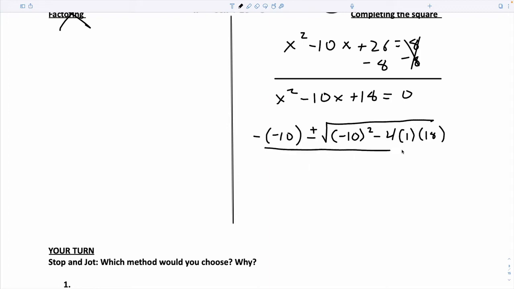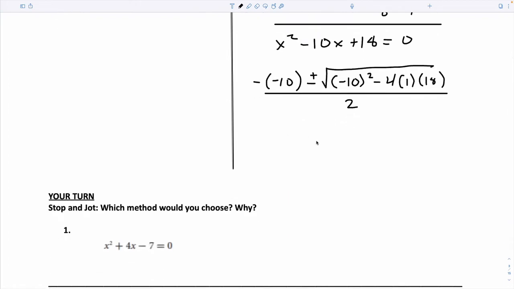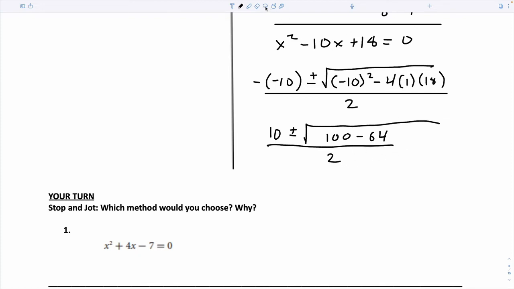What is 4 times 18? 64. Okay, 100 minus 64. Cool. $36 works. Is that 36, Sunny?